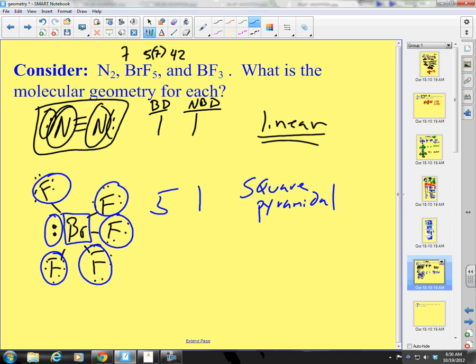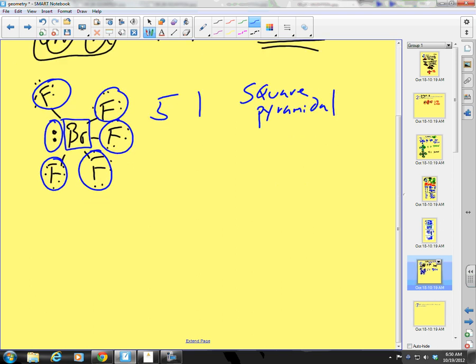Good. And boron trifluoride. Boron has 3 valence electrons. My fluorines each have 7, make 21. I need 24 electrons in my picture. Boron, fluorine, fluorine, fluorine.